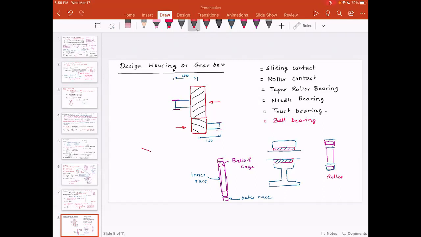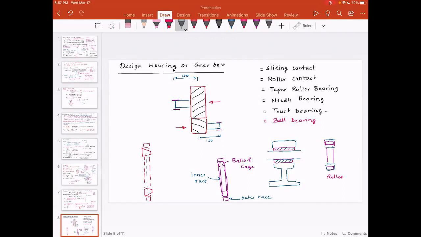So what is the difference between the roller bearing and the taper roller bearing? In the taper roller bearing, you have rollers that are actually tapering. So you have an inner race, an outer race, and again the cage that holds these rollers together.